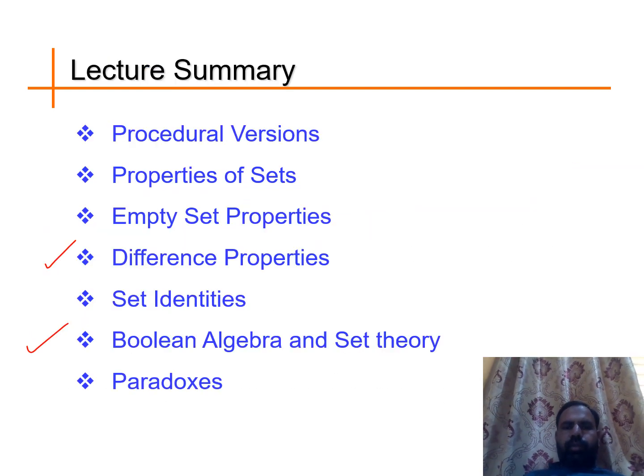The previous half lecture summary which I have discussed with you is procedural versions, properties of sets, empty sets and difference properties, set identities, Boolean algebra and set theory. Now we discuss relations and functions.